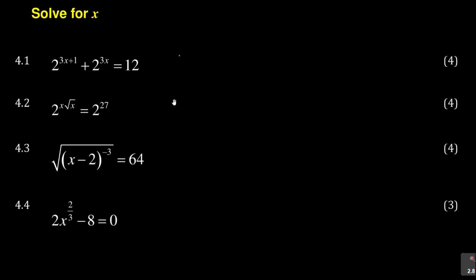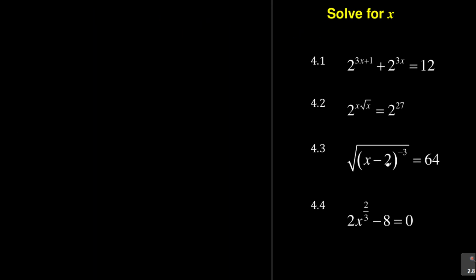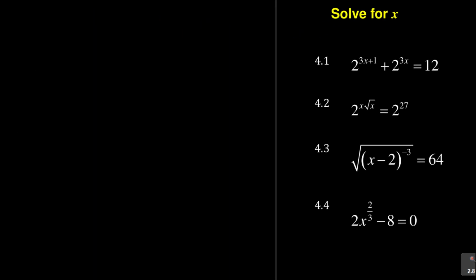Exponential equations. You need to understand the technique of how to solve these. First equation, 4.1 says solve for x. It's not a difficult part, you just need to know a few laws. Now look at this. You are given 2 to the power of 3x plus 1 is equal to... now this is how you approach this.